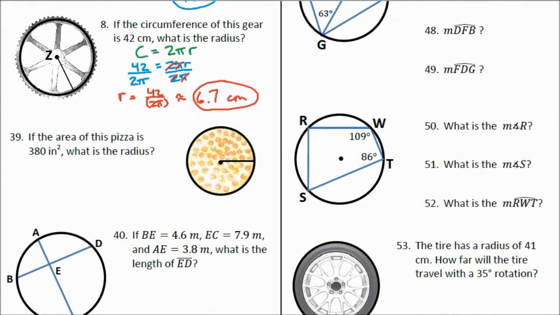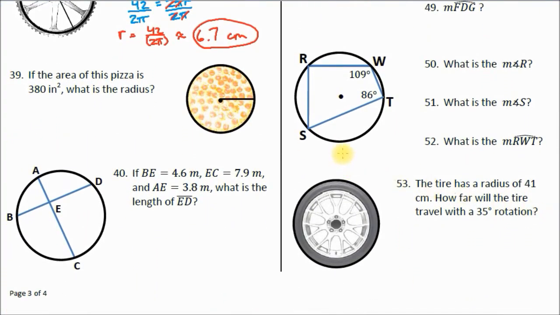All right, question number 39. If the area of this pizza is 380 inches squared, what is the radius? It's the same kind of problem. We know the area is found with pi r squared, and we happen to know that the area of this pizza is 380 inches squared.